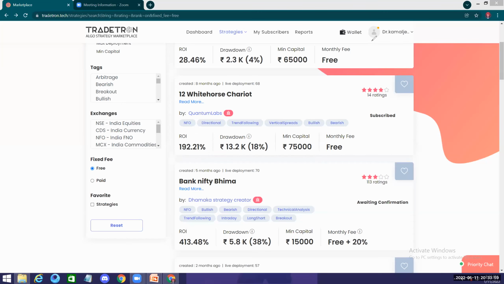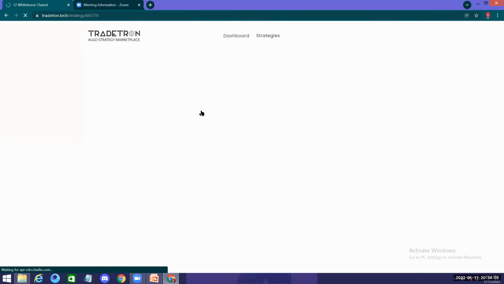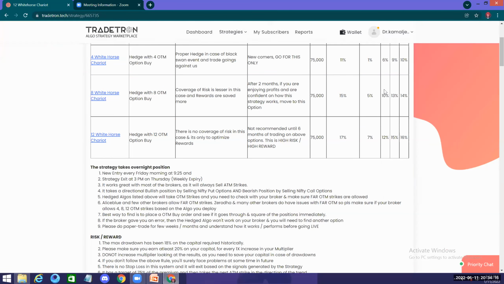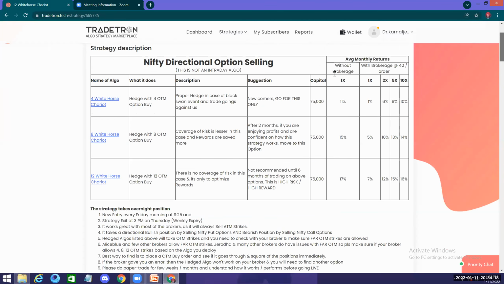I still say no, I don't believe it. So let's go and check it. They have already said it. We have 4 white horse, 8 white horse, 12 white horses. And they have clearly said what kind of brokerage returns you should expect. And their brokerage is pretty high.